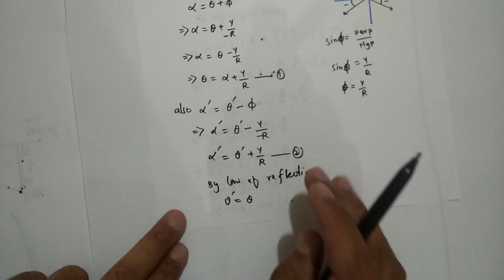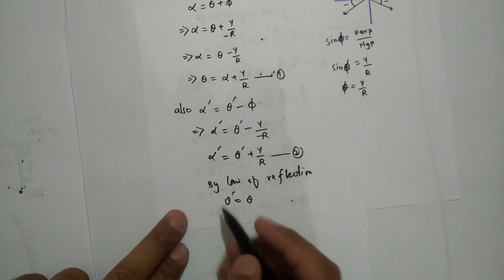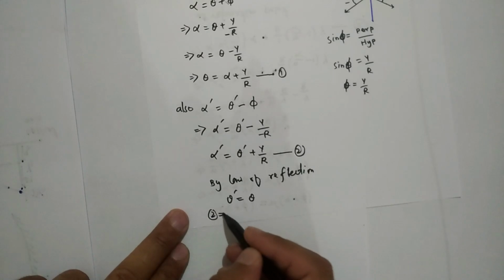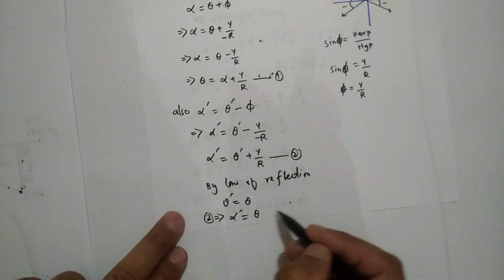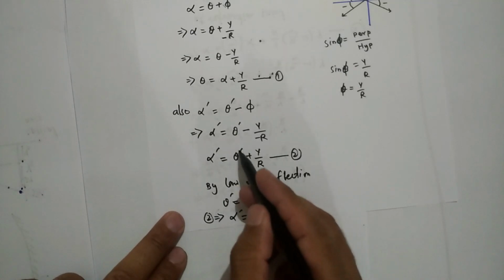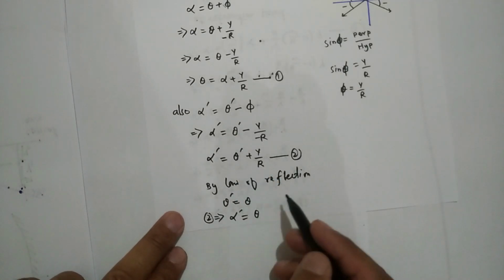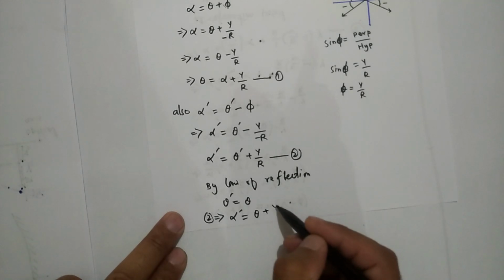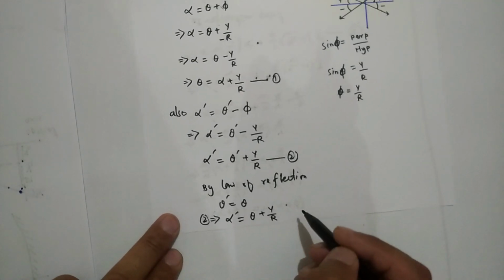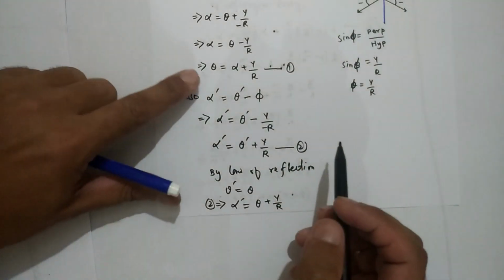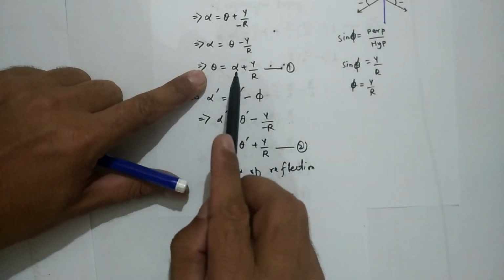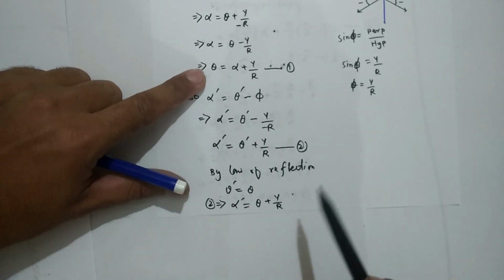Therefore, equation second can be written as alpha prime is equal to theta plus y upon r, and from equation number 1, theta is equal to alpha plus y upon r.